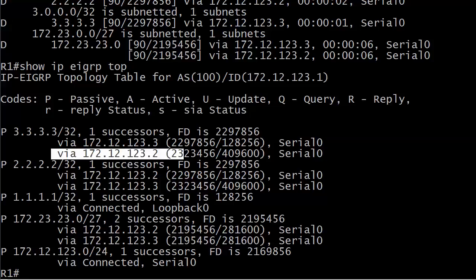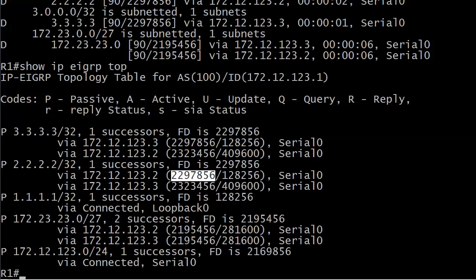Well, that's because this route right now is considered a feasible successor because its RD, the second number in the parentheses, is smaller than the FD of the successor route. Same goes with router 2. We see the entry through .3. The reported distance is 409,600, and there's the feasible distance.